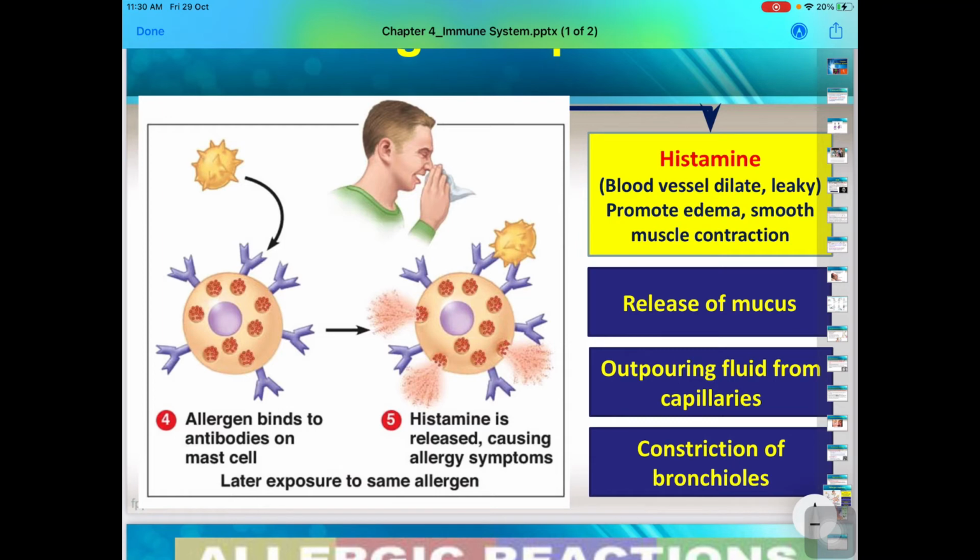Remember, when the allergen binds to the antibodies, it will cause the histamine inside the mast cell to be released.